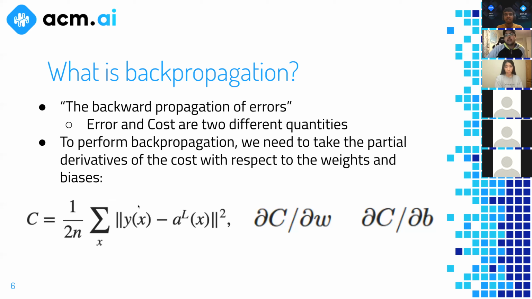Error, I would say, is more in the context of individual weights and biases. In this case, we're looking at the cost of our overall network, and errors in terms of how much our weights and biases are off.